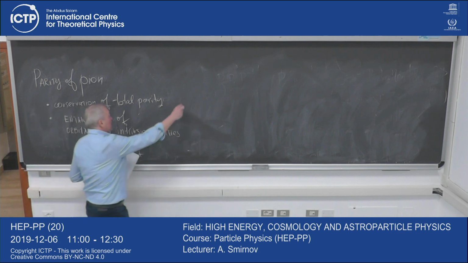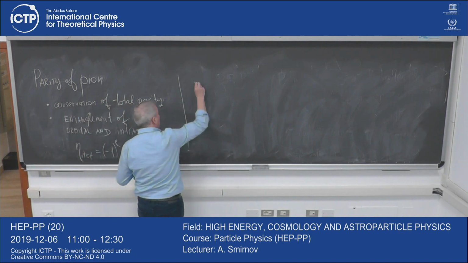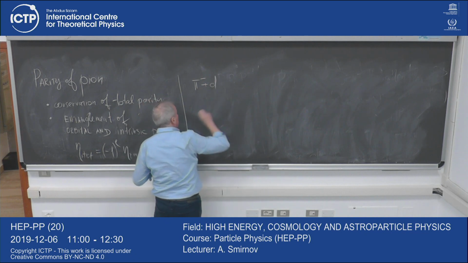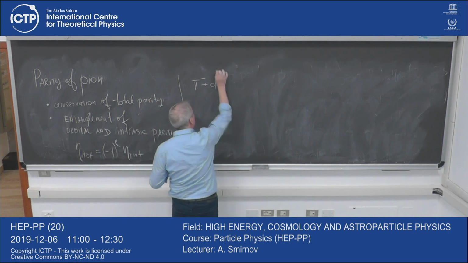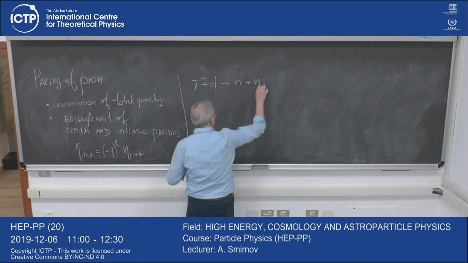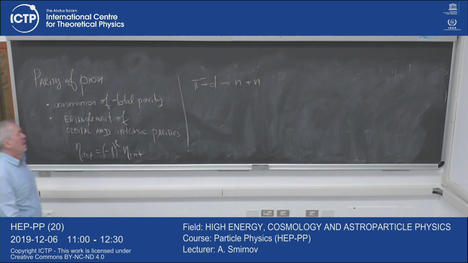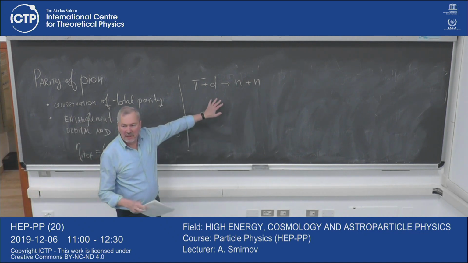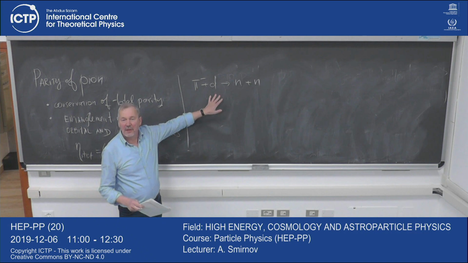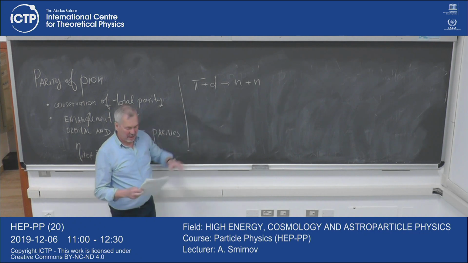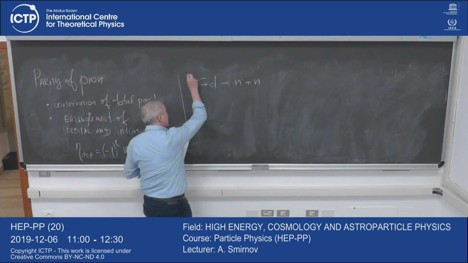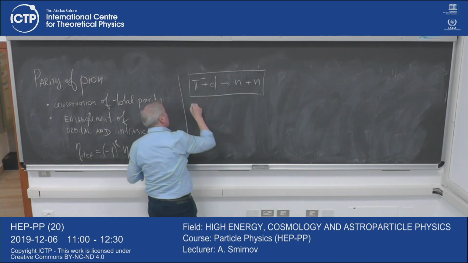So the process which people use to establish the parity of the pion is pi minus scattering on deuteron with two neutrons in the final state. So this is the process. The actual observation that this process is not suppressed in any way gave the conclusion about the parity of the pion.